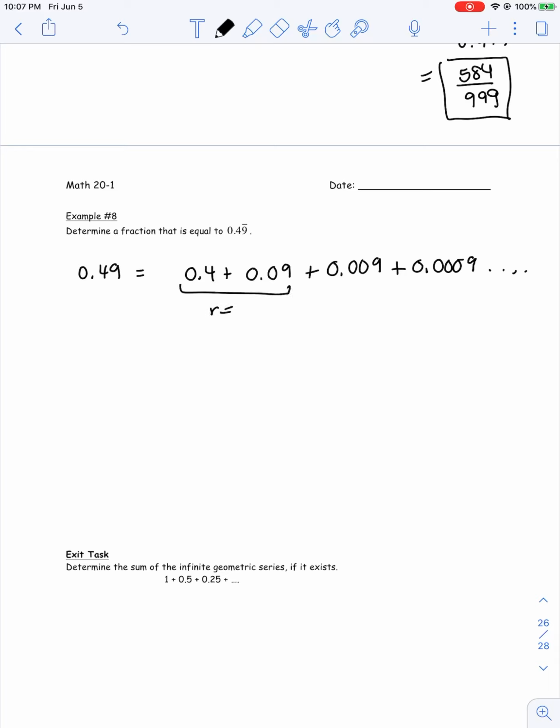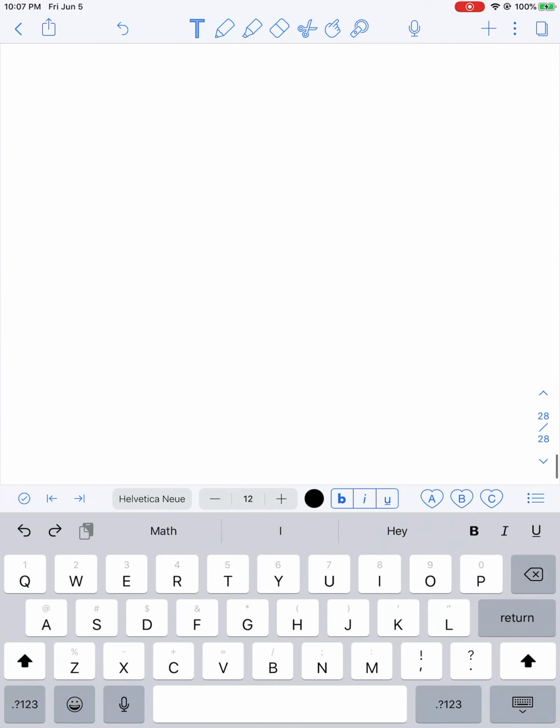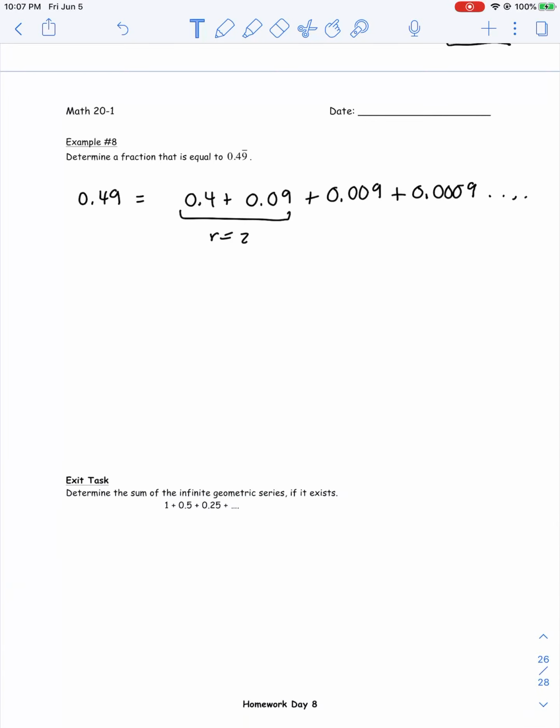So if you were to look at the common ratio between the first and the second term, if you divide 0.09 divided by 0.4, over here you would get 0.225 as the common ratio, versus between the third term and the second term, if you divide these two, you're going to get 0.1.